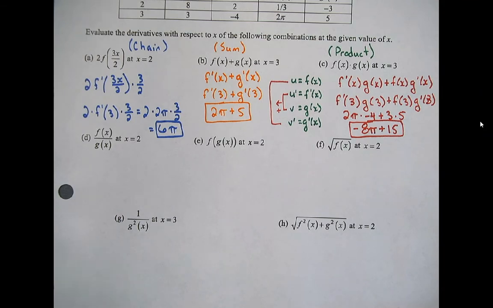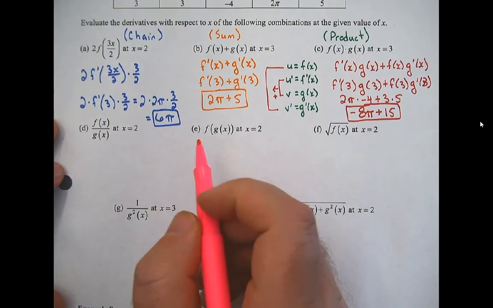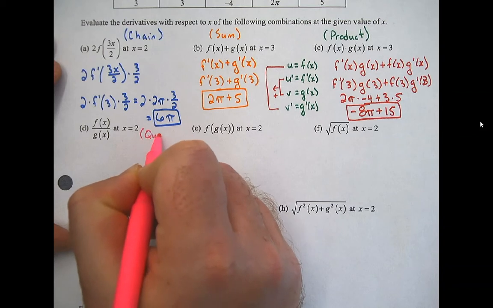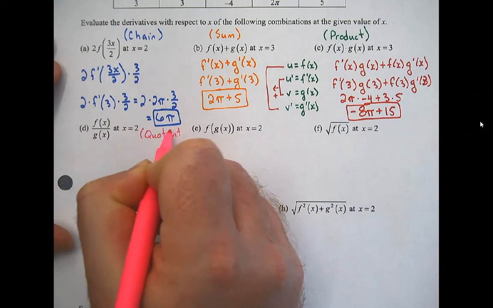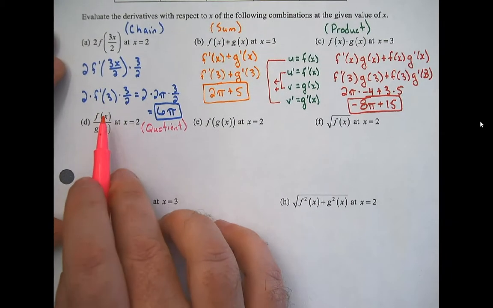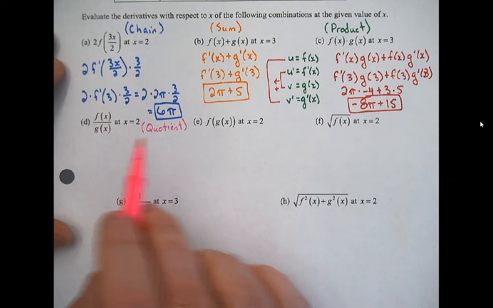Okay, so I'm at the spot now where I'm sick of doing U's and V's. So I know that overall this is a quotient rule. So I'm just going to do my U's and V's in my head. The quotient rule is U prime V minus UV prime over V squared.